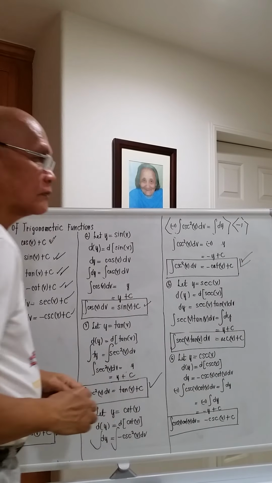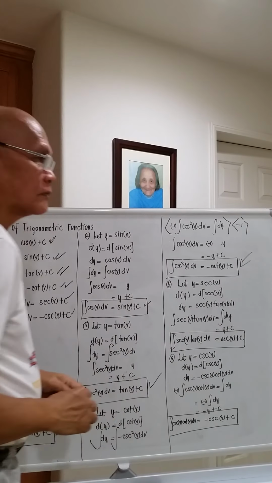Number 5. For number 5, we let y equal to secant of b. Take the differential of both sides. The differential of y equal to the differential of secant of b. The derivative or differential of secant is secant tangent. Secant of b, tangent of b, db. Then take the integral of both sides.